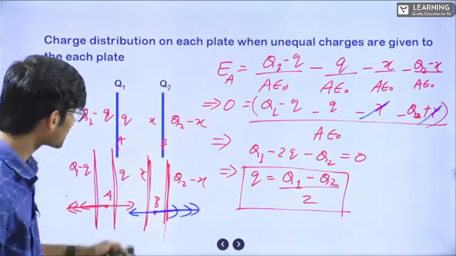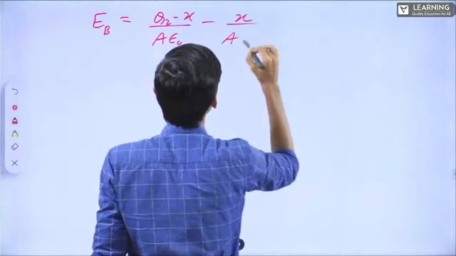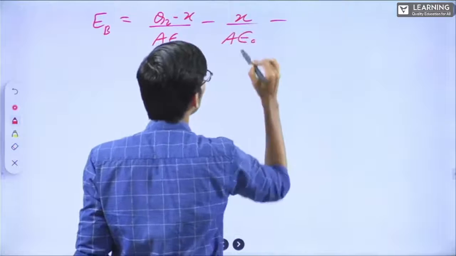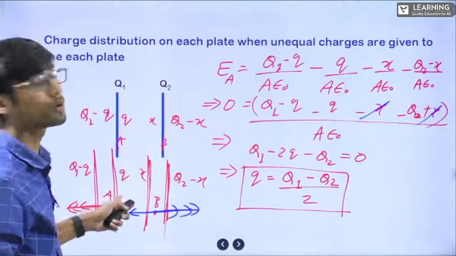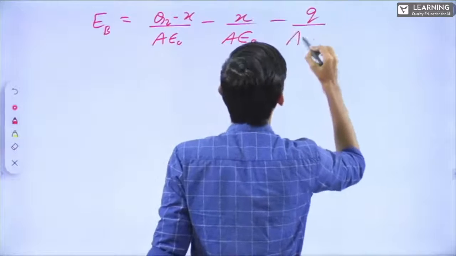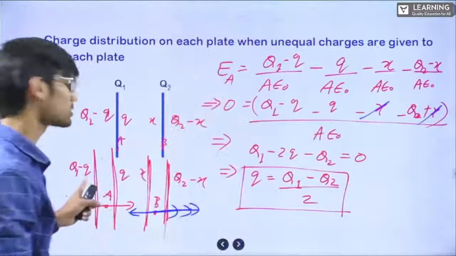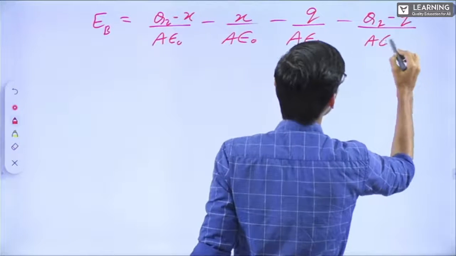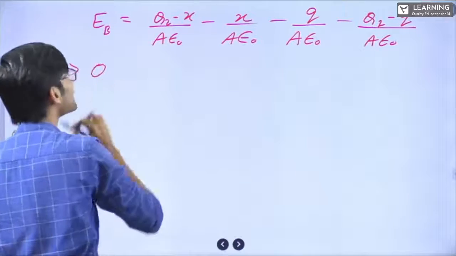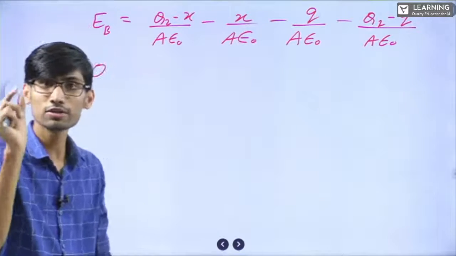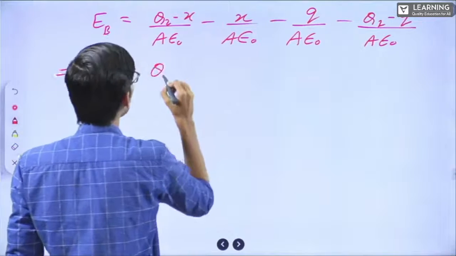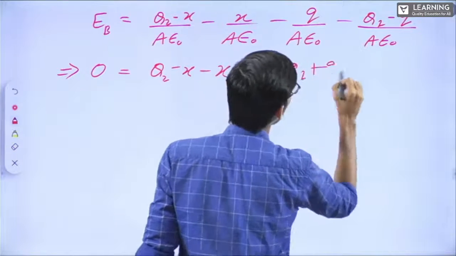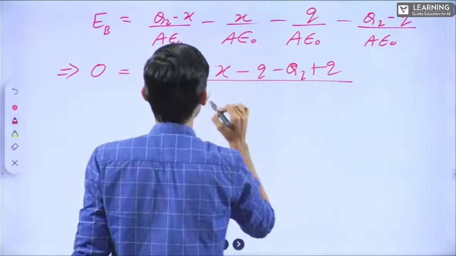Due to this X upon A epsilon naught, minus due to this Q upon A epsilon naught, minus due to this Q1 minus Q upon A epsilon naught. This will be 0, E at B again, because inside the conductor, inside the thickness I am talking about, electric field is 0. That is again Q2 minus X minus X minus Q minus Q1 plus Q. This minus I am taking inside. In the denominator, it will be A epsilon naught.